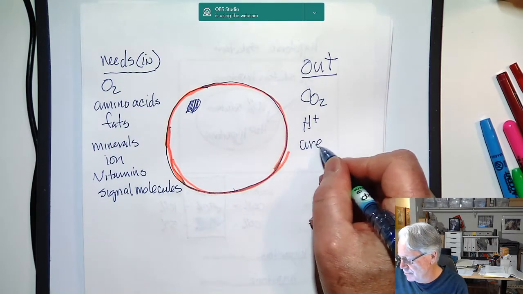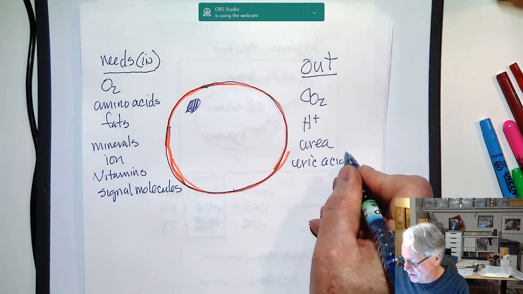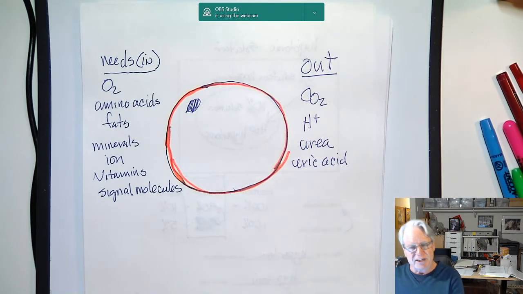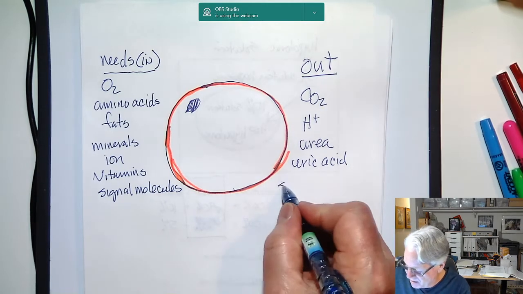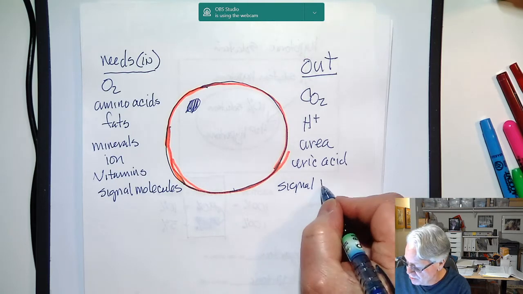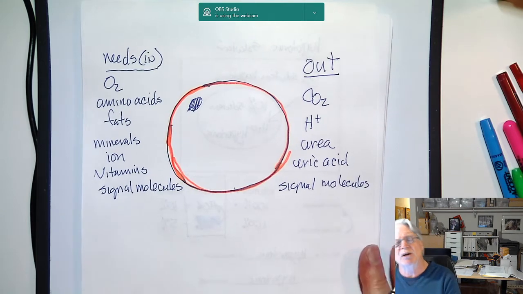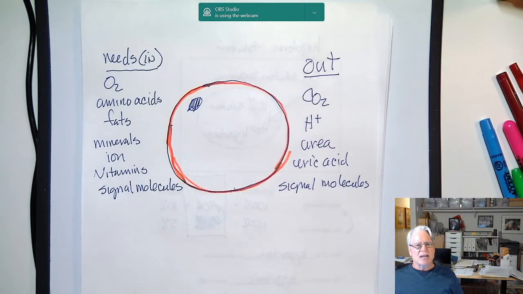Urea, uric acid, so many different things, typically waste products. But also, remember those signaling molecules. Some cell has to produce those in order to affect the behavior of other cells. And so when a cell produces a signaling molecule, it has to be taken away and transferred or brought into contact with the cell that it wants to influence. Okay. So 100 trillion cells, all of them needing this to keep them happy.